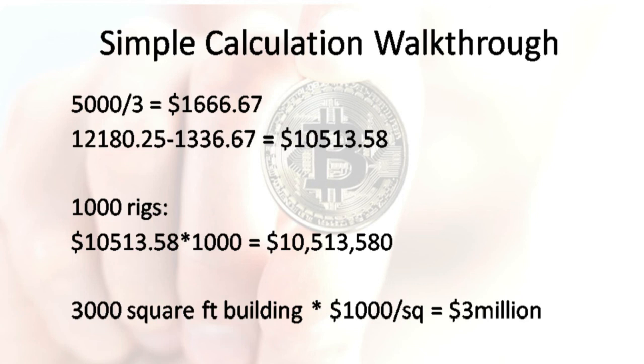Now, the math for straight-line depreciation is your initial cost minus your salvage value, divided by the lifetime in years. Since the salvage value is $0, it would just be 5,000 divided by 3. So your yearly depreciation will be $1,666.67 per year.